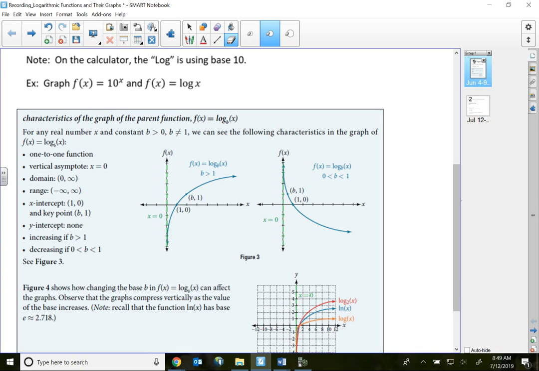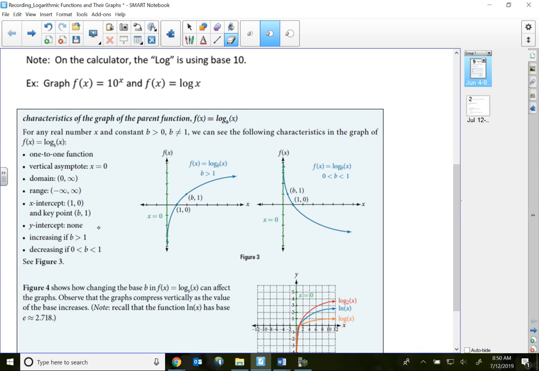I'm going to do a graph here in a minute at the end of the video, so we can write out the domain. The range: this one keeps going down, this one keeps going up, and this is the one with the base between 0 and 1. All right, you have an x-intercept, and I will show you how to find the x-intercept in a different video when we begin to solve our logarithmic equations.